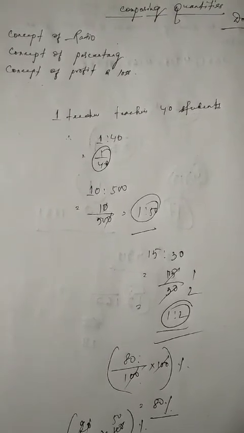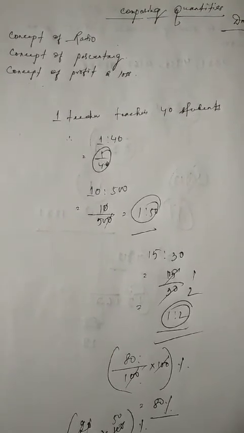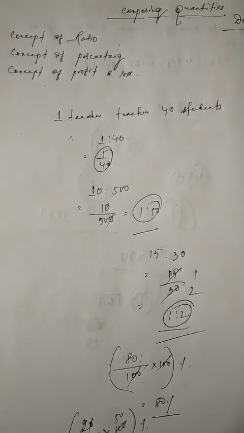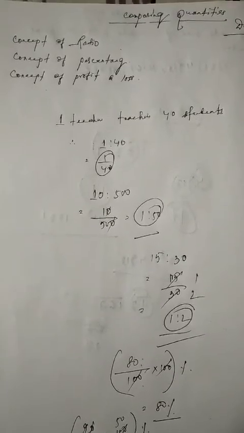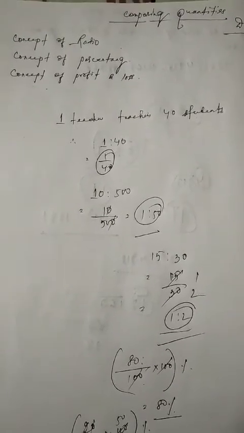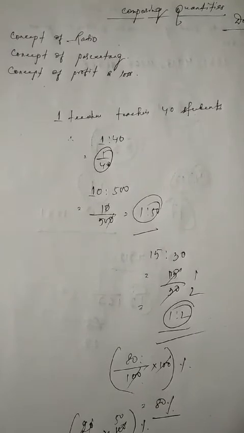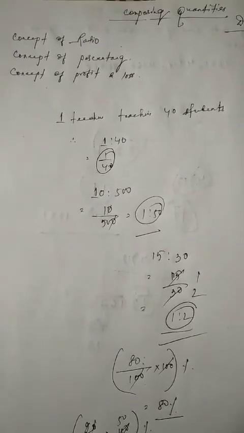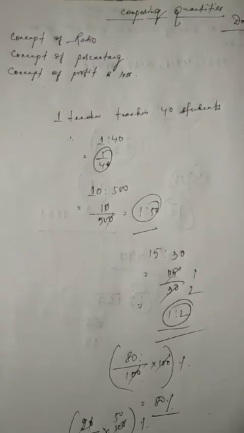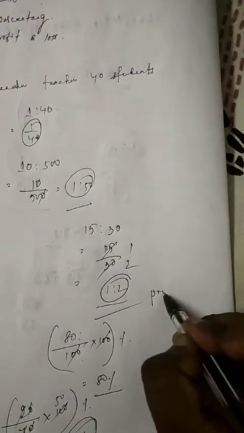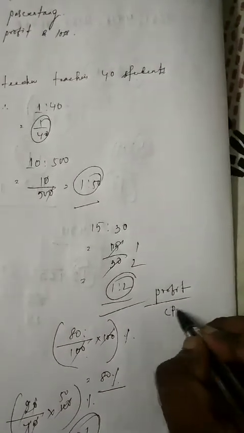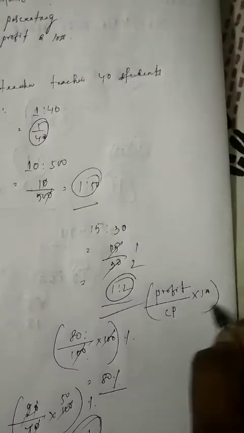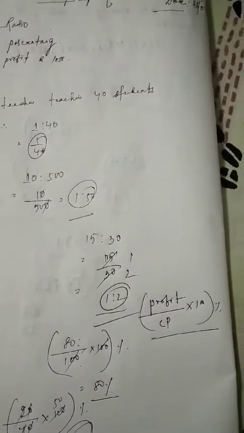So in that case we will find the profit. As we can see, here is the profit. The child has made a profit. We have to go through a formula or a process. The formula is the profit amount divided by CP into 100. I'll explain more when we start exercise 8.2.